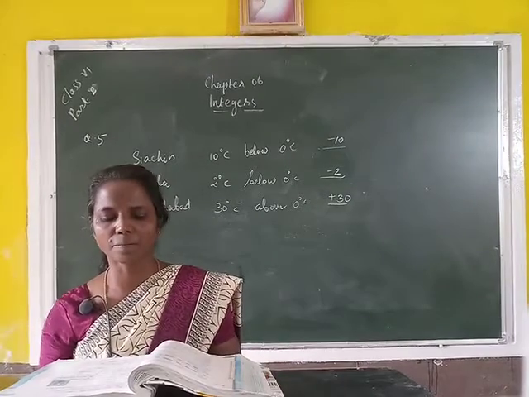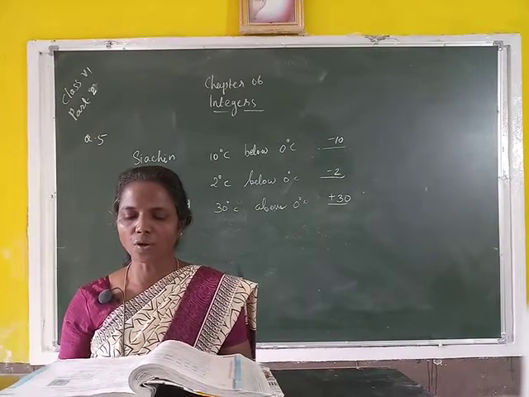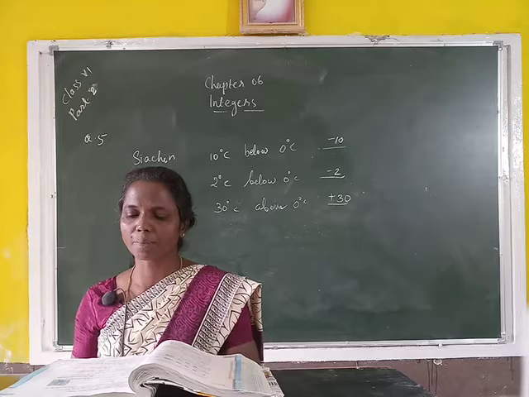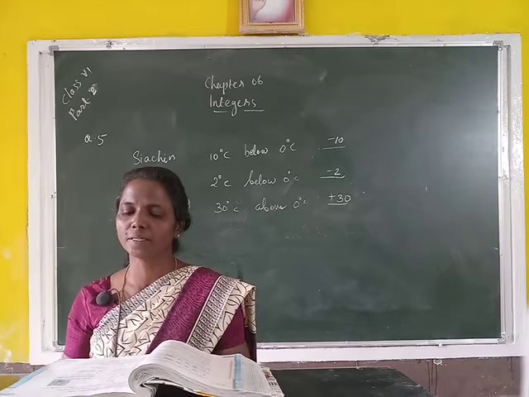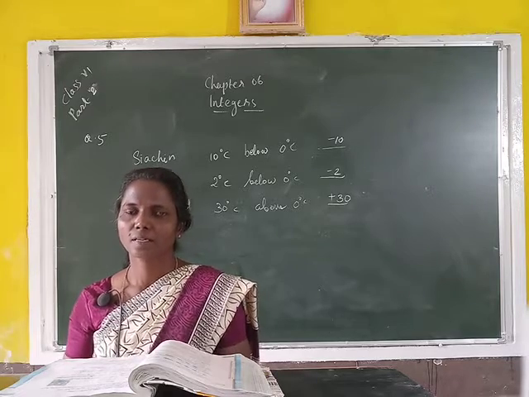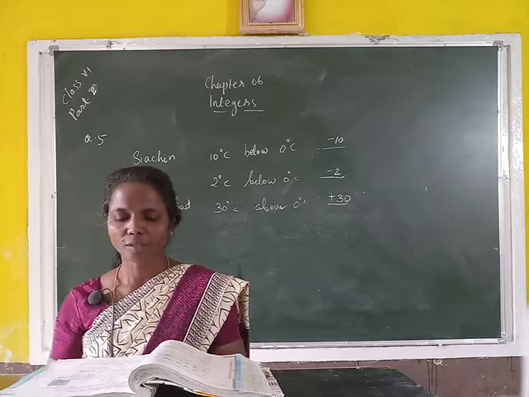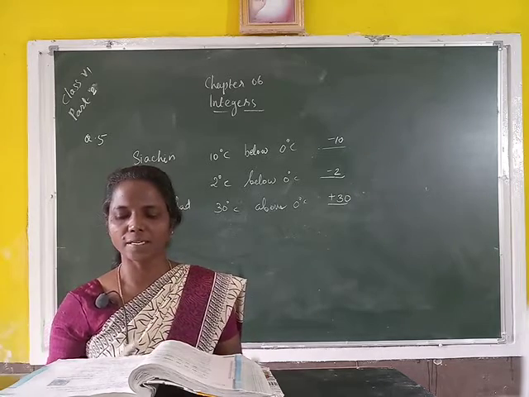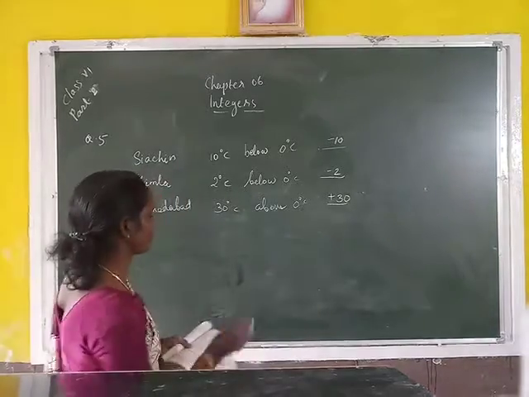The next question number B. Look, the following is the number line representing the temperature in degree Celsius. Then plot the name of the city against its temperature.